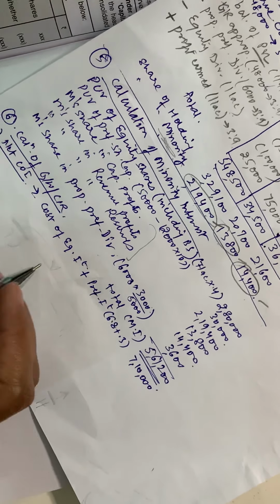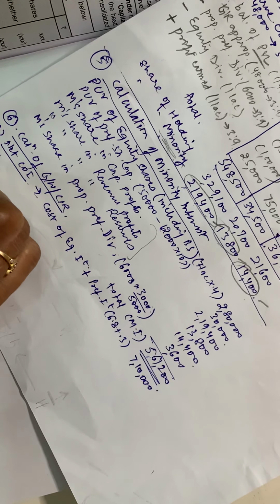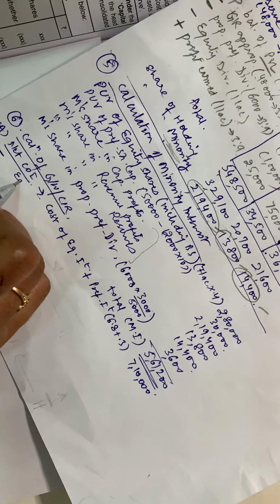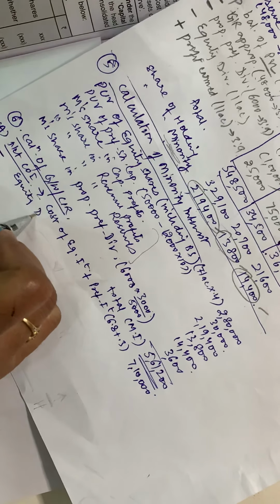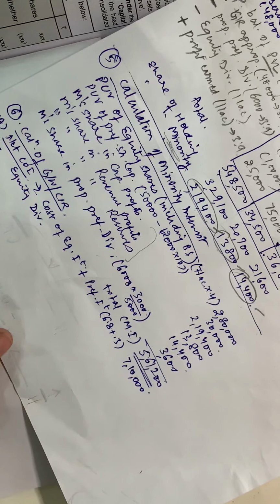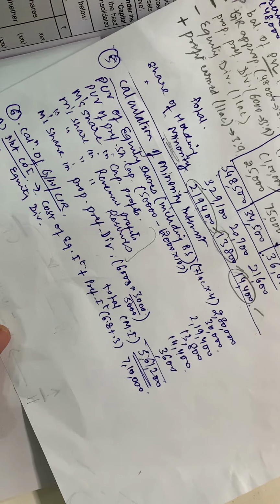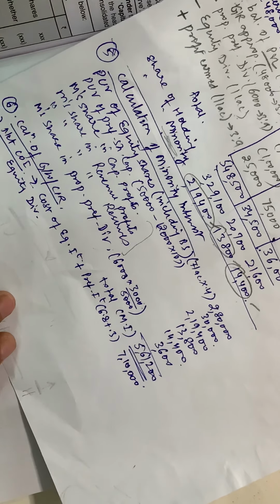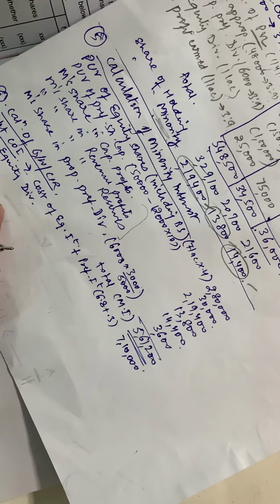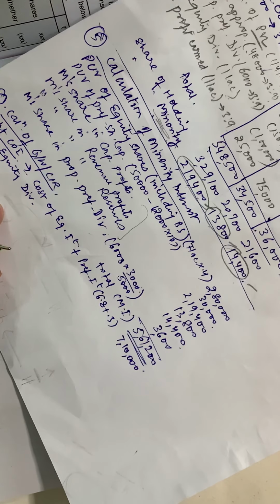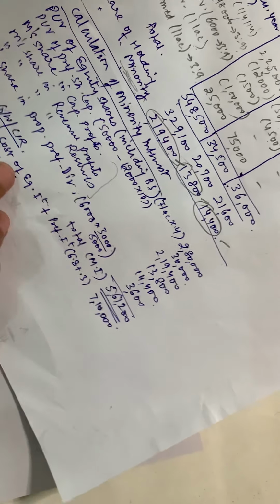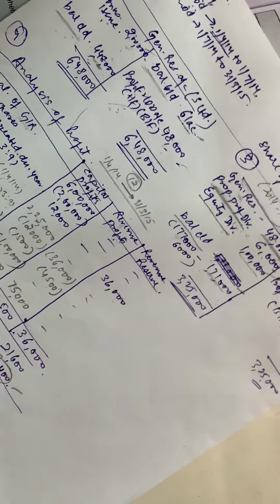Then you have received a return on this investment, and that return is nothing but the equity dividend which is being paid. The equity dividend was 20%. So what is the share of holding? You will include that, and it also says that the dividend is 1 lakh.